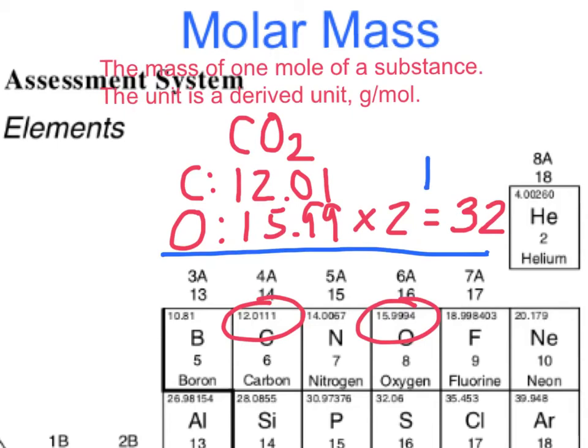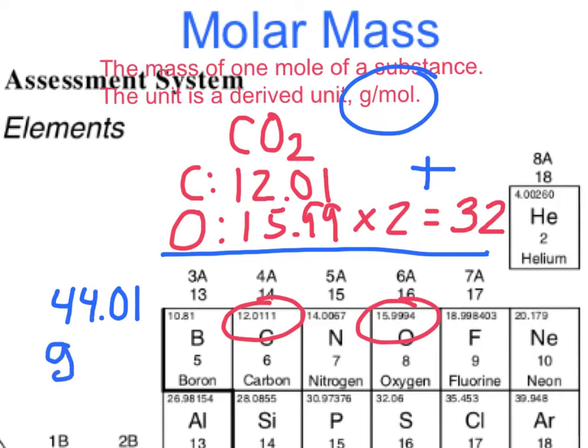I add these values up. 12.01 plus 32. Oh shoot, I ran out of room here, so I'm going to write it down here. Seems like it's going to be, I'm doing this in my head here, 44.01. And my unit, remember, is right up here, grams per mole.